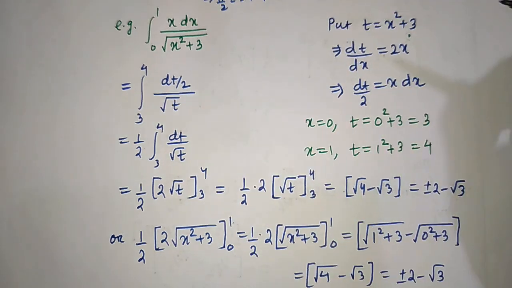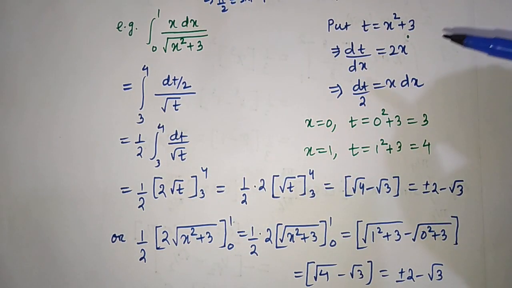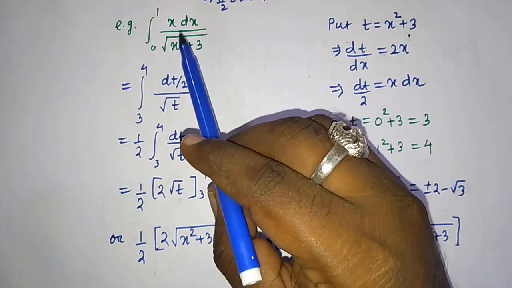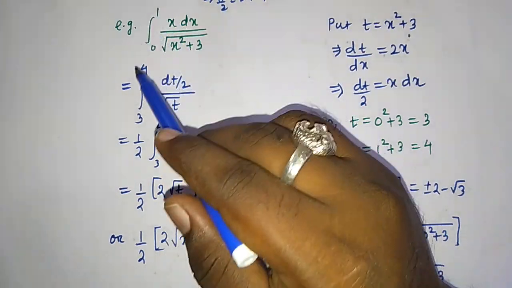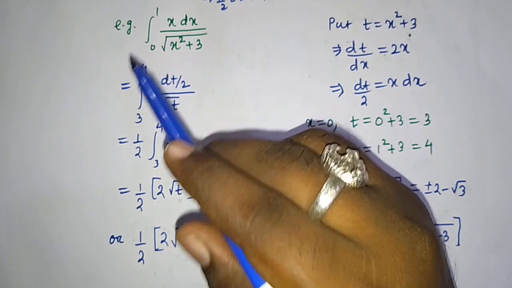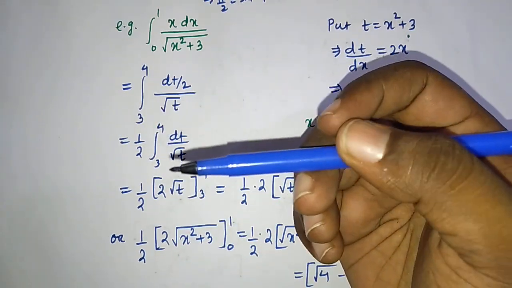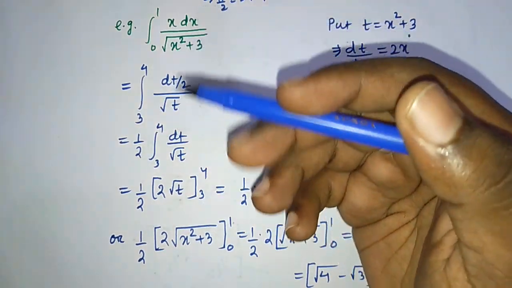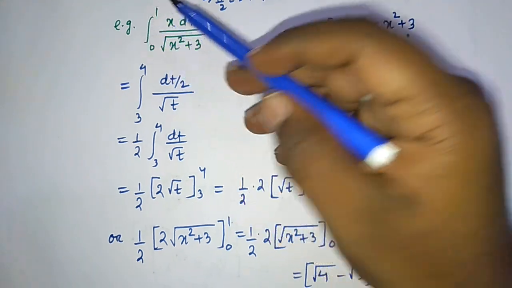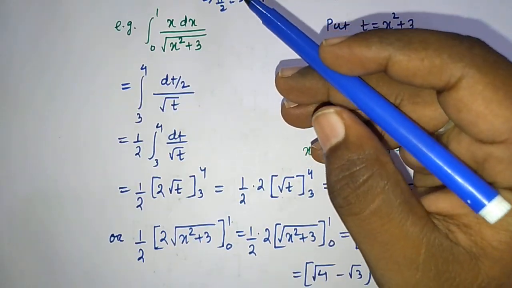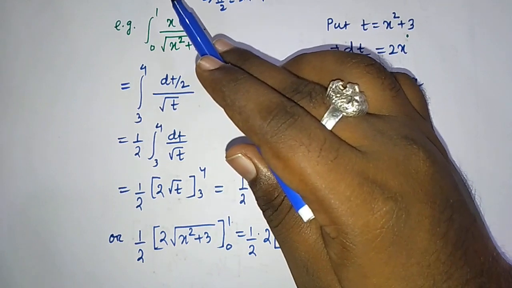Okay, one thing here you have to notice. See here, earlier there was no upper limit and lower limit when we were using the substitution method, but here upper limits and lower limits are there.